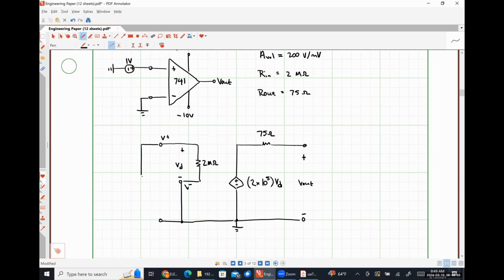So I could put a 1 volt source here. I don't have any load connected, so there shouldn't be a resistive path between or across the output terminals of my device like so. So this looks pretty correct to me, okay?